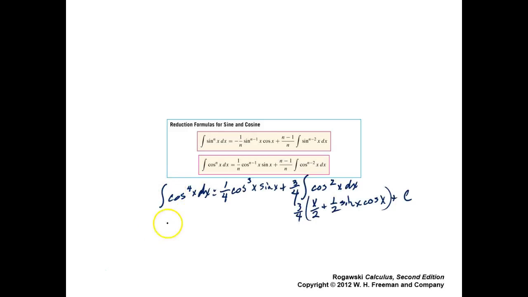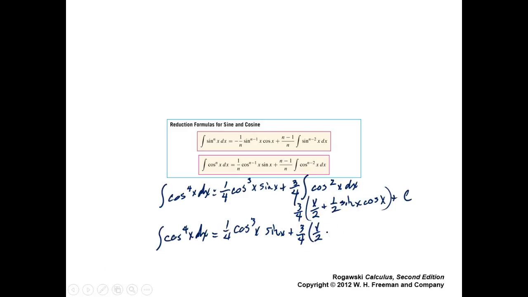So this part here is going to be the integral of cosine 4th x dx, which is equal to 1/4 cosine cubed x sine x plus 3/4 times x over 2.